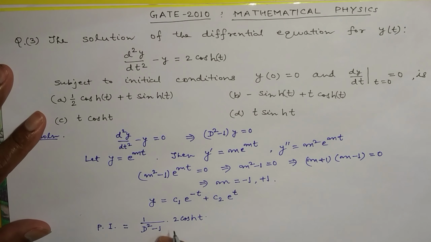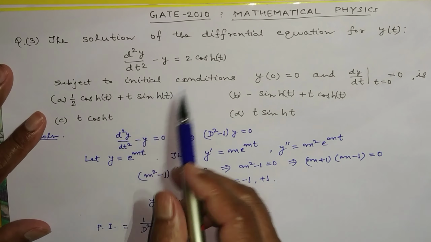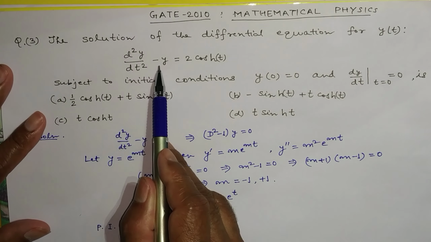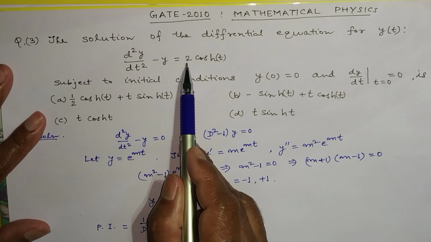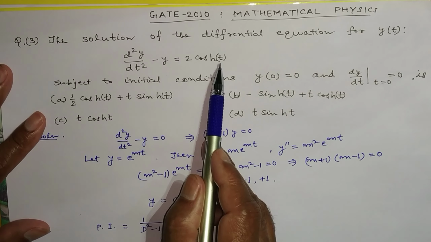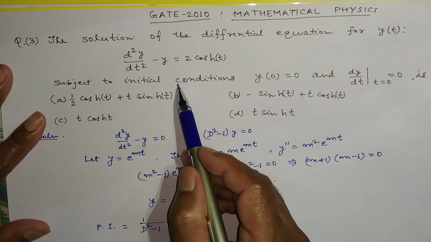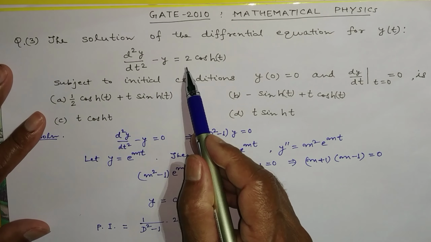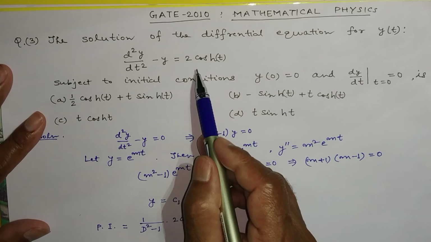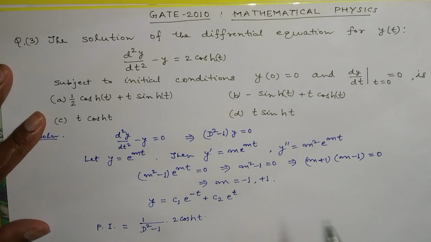How have we obtained it? This is (D² minus 1) y equals 2 cosh t. So y equals 1 upon D² minus 1 times 2 cosh t.